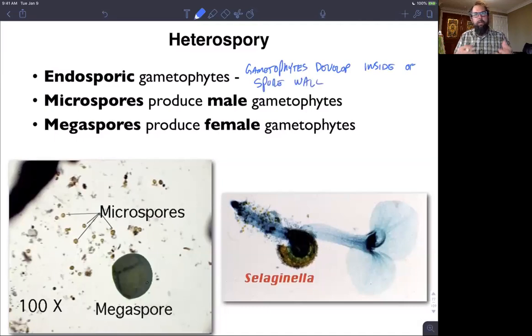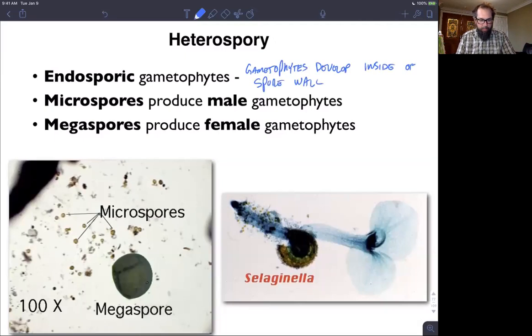So remember, in Lycopodium and in ferns, the spore goes out and germinates into this small but free-living little gametophyte, that makes antheridia and archegonia and sperm and eggs, and then fertilization, and we go to the sporophyte. In heterosporous Selaginella and Isoetes, and then in seed plants, the gametophyte actually is reduced that much more and develops inside of the spore wall.